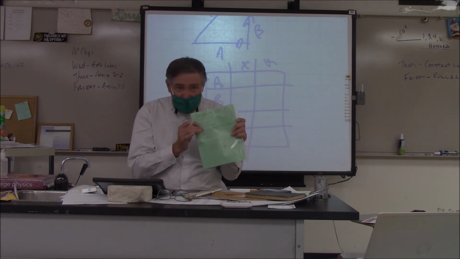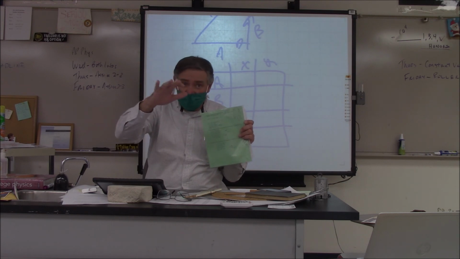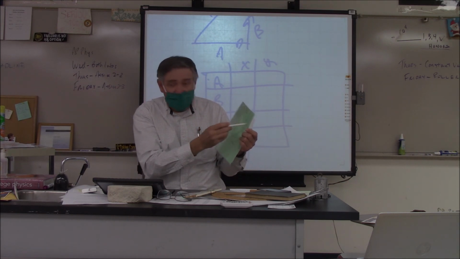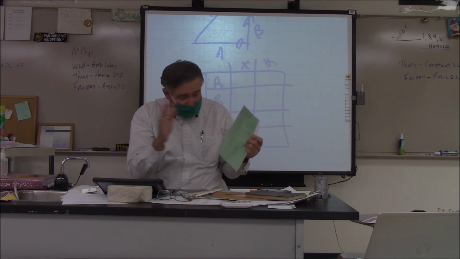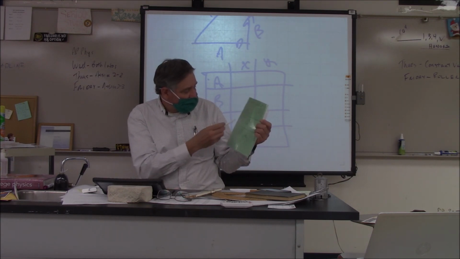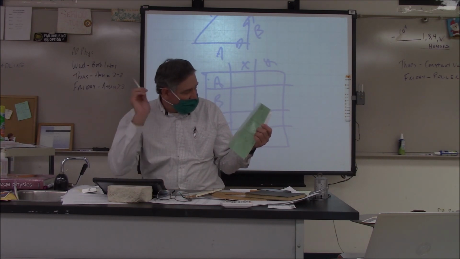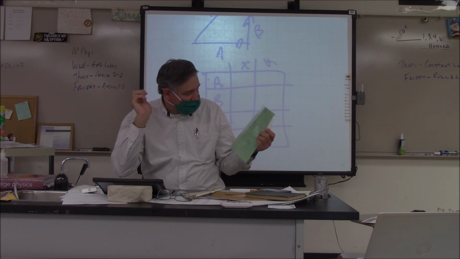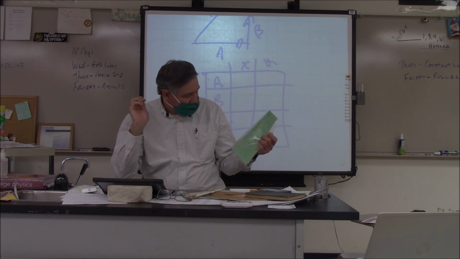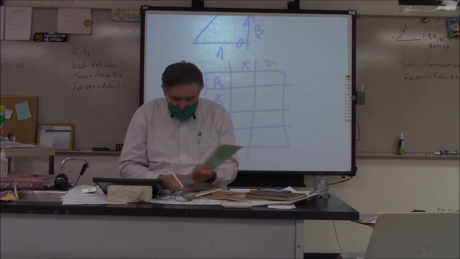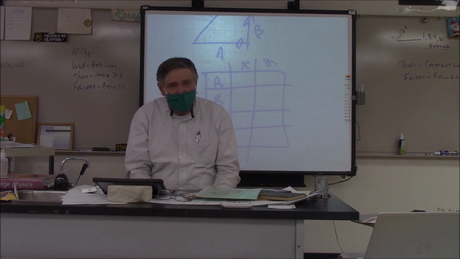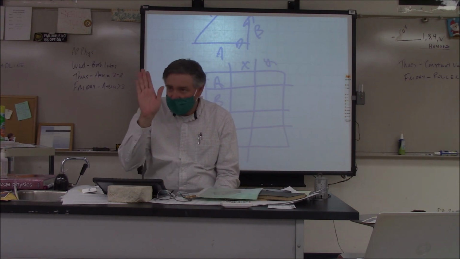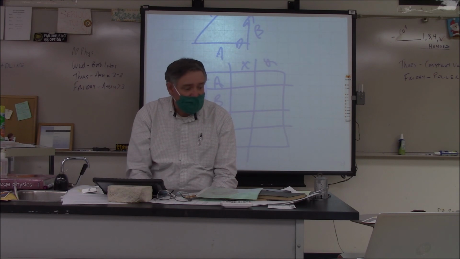If you want to write big, then do this on another sheet of paper. If you think you can fit this in neatly here, you can do it right here. I don't care. But then you've got two other ones that you're starting from scratch: a 5 Newton at 60 and a 10 Newtons at 80, and then a 5 Newton and a 100 Newton. So I am done. You have the rest of the time to work on that.